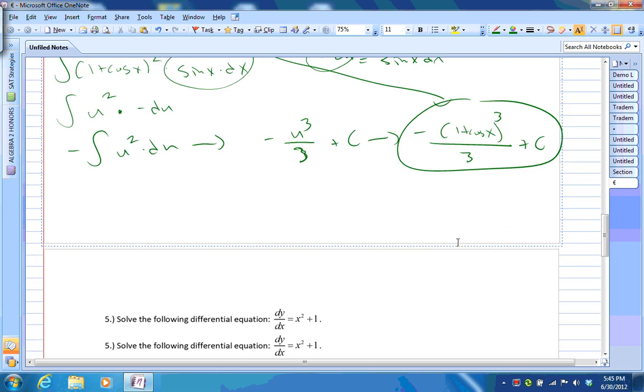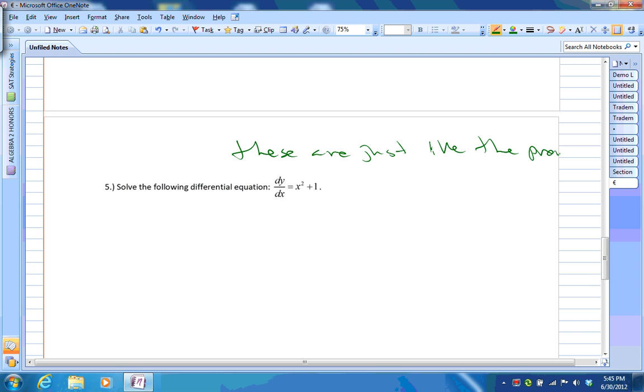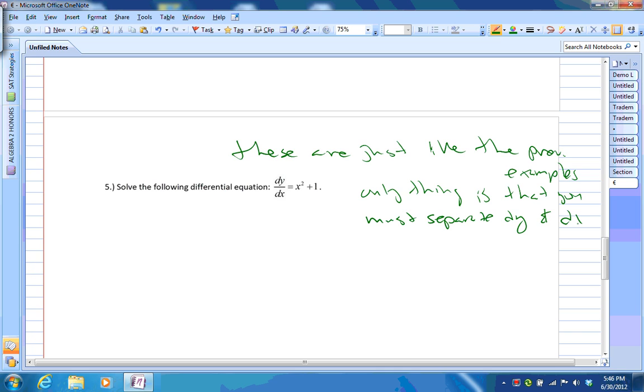Okay, now let's talk about differential equations. These are just like the previous examples. The only thing is that you must separate dy and dx.